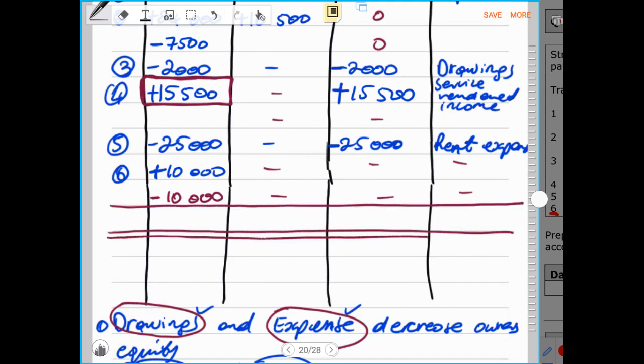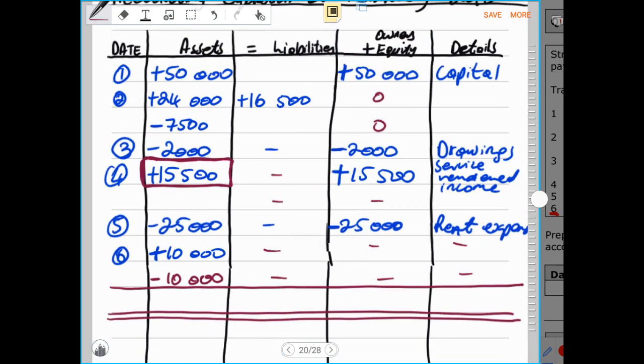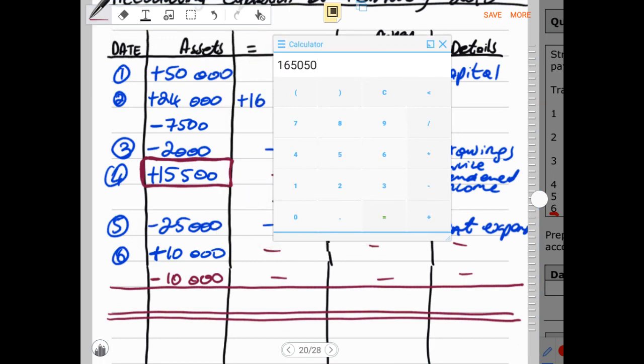In balancing the accounting equation, we need to calculate the totals, starting with the assets: 50,000 rands plus 24,000 rands minus 7,500 minus 2,000 plus 15,500 minus 25,000 plus 10,000.